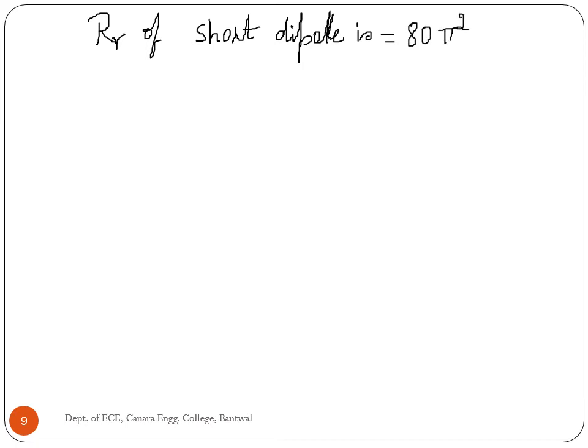Radiation resistance of short dipole is 80 pi square L by lambda square.